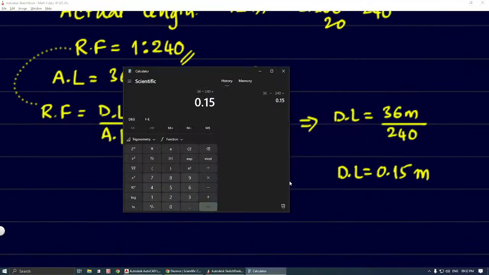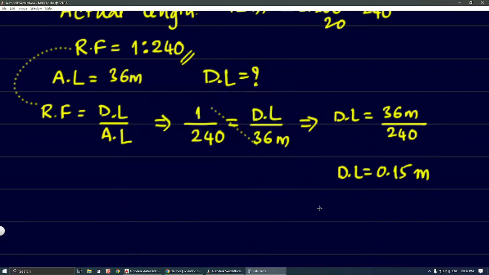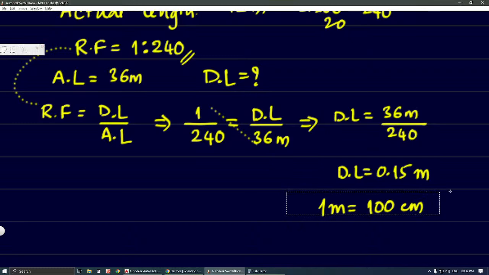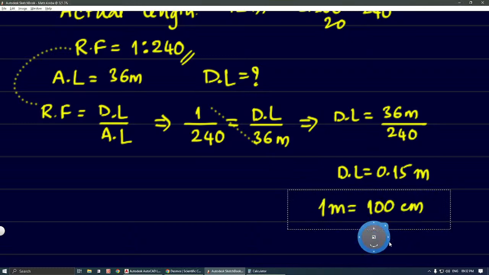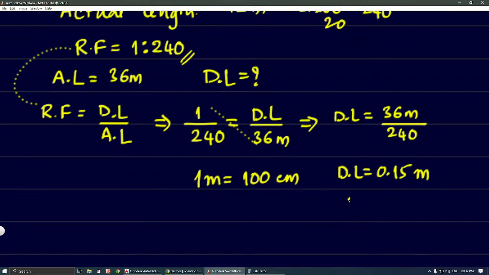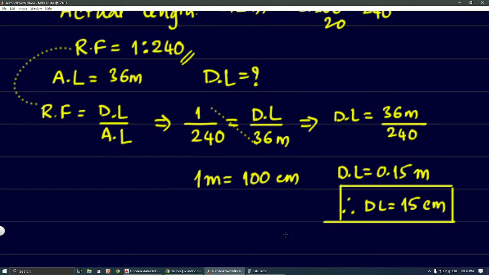Now if you want to convert this into centimeters, then you have to multiply this with 100, because 1 meter is 100 centimeters. Therefore the drawing length will be 0.15 into 100, that is 15 centimeters. So this is how you can do the calculations. Is it clear?